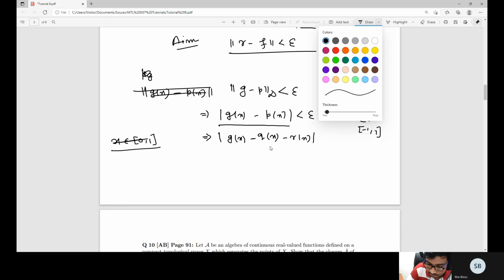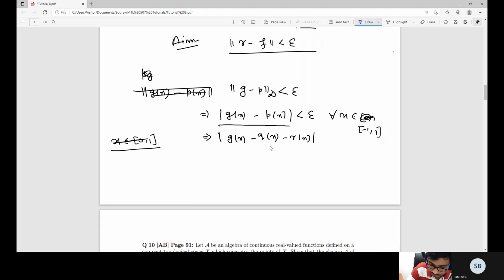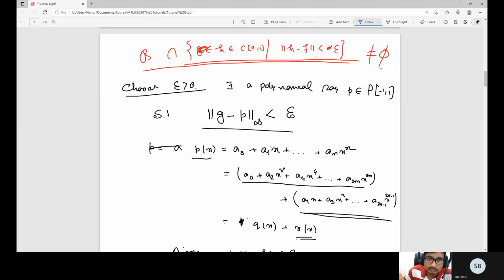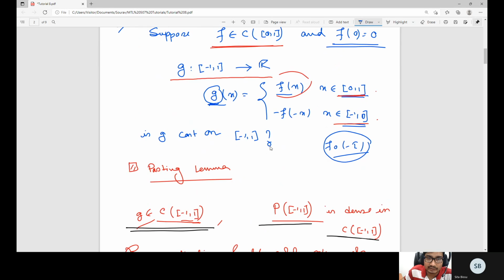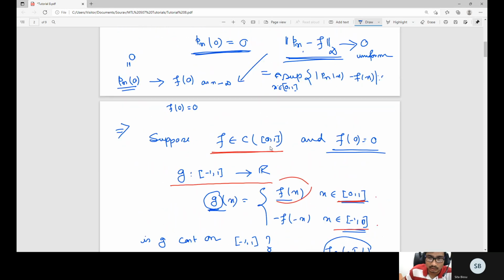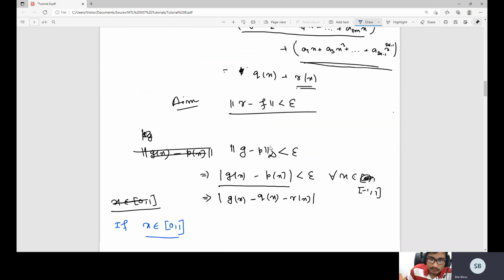Now see, if x belongs to 0 1, then what is g(x)? The value of g(x) is f(x). Whenever x belongs to 0 1, g(x) is equal to f(x), right? Yes, sir.